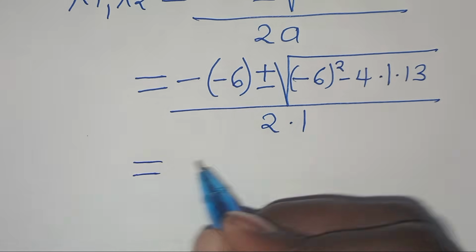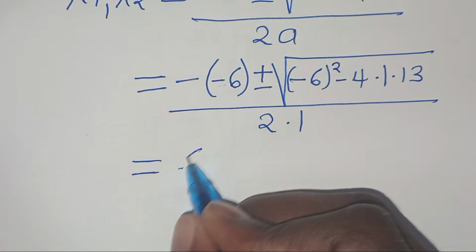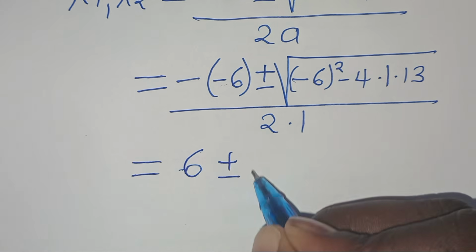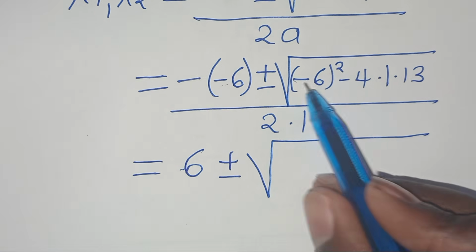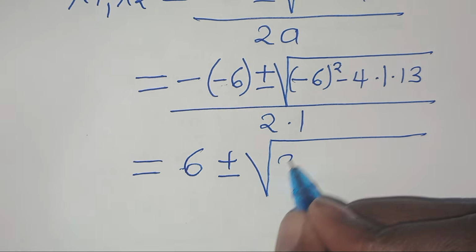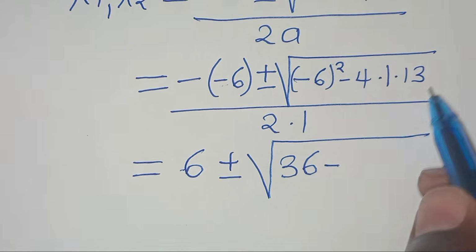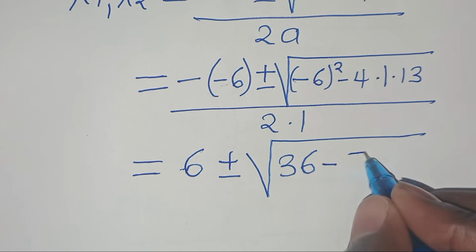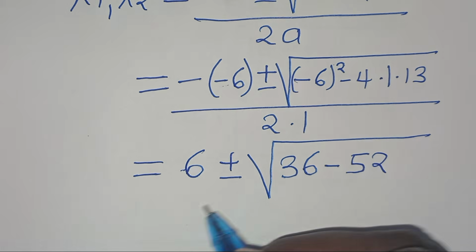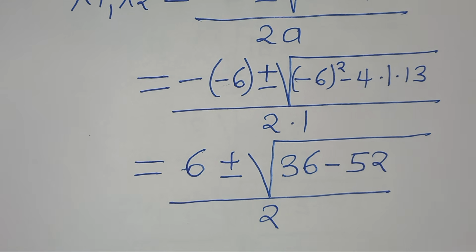So this means that we have negative times negative 6, which is 6, plus or minus the square root of (-6)^2, which is 36, subtract 4 times 13, which is 52, then everything divided by 2.